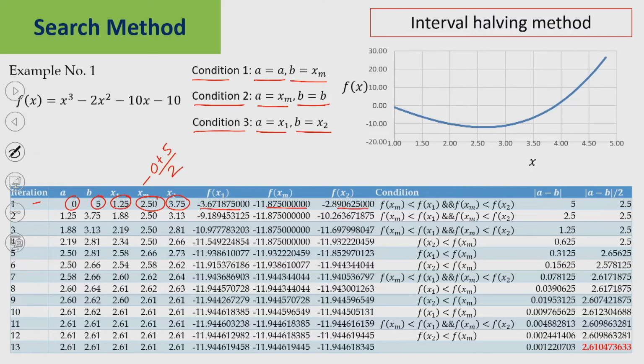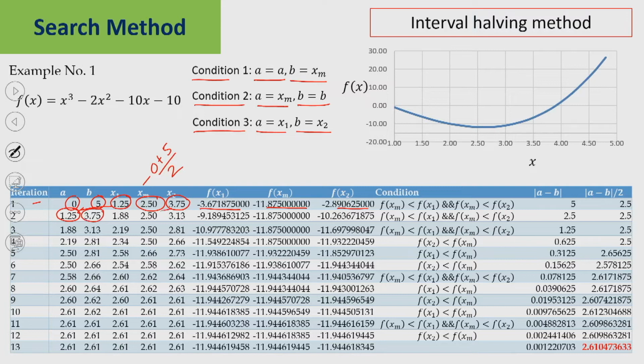In this case, condition 3 is true, that means f of xm is less than f of x1 as well as f of xm is less than f of x2. So, in that case a equal to x1 and b equal to x2. I have revised that: you can see the x1 value has come as a, and b is equal to x2.